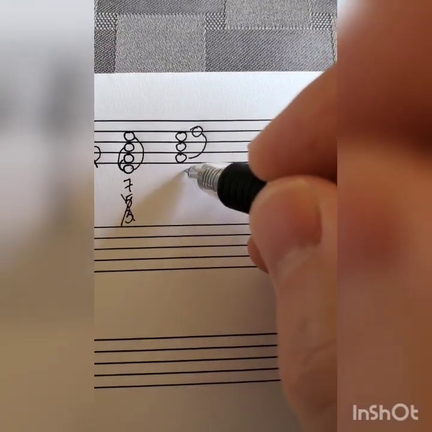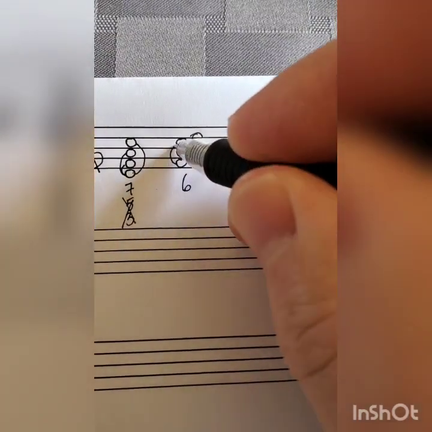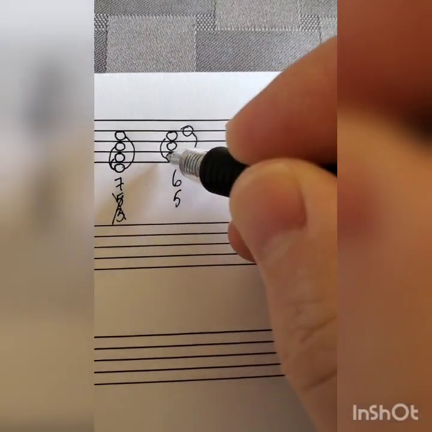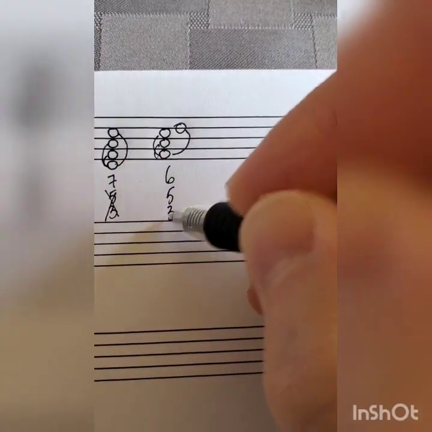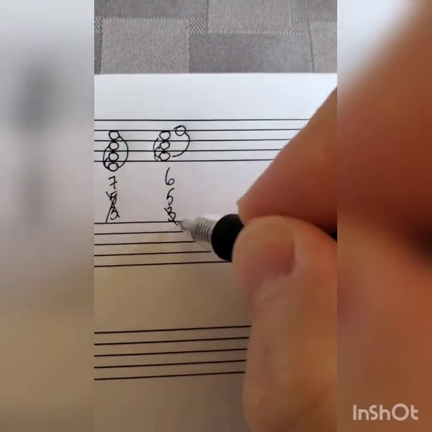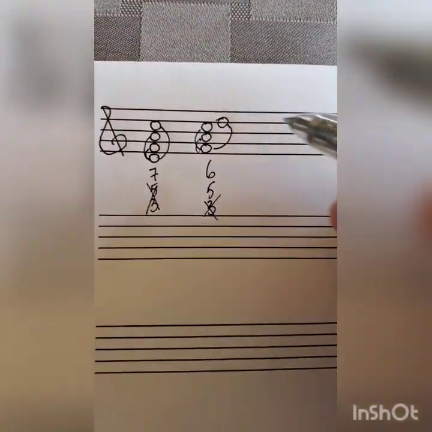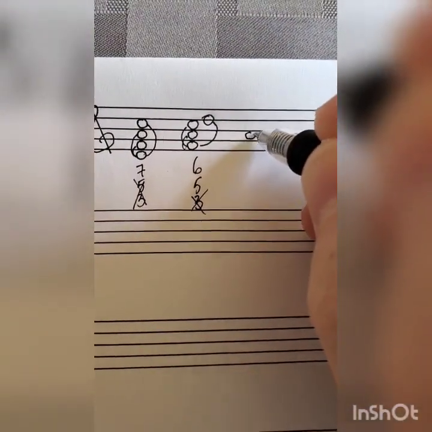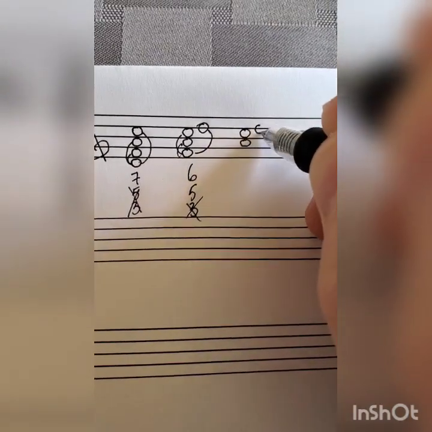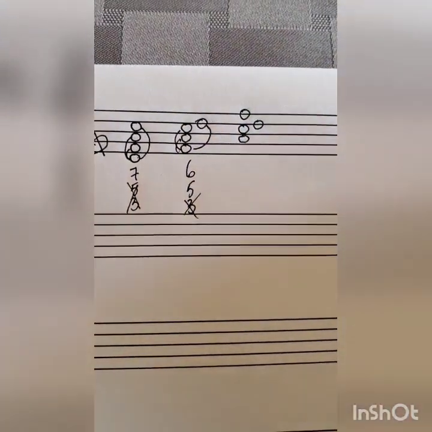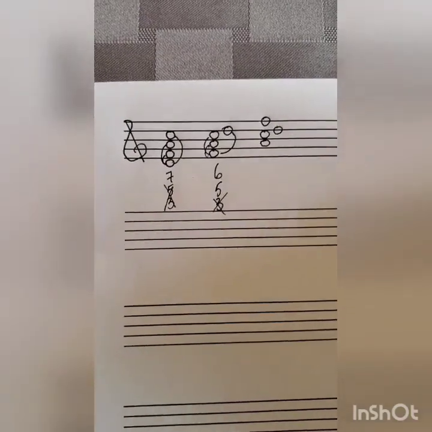From F to D is a 6, F to C is a 5, F to A is a third. The shorthand they use is 6-5. Okay, keep inverting. This time we're going to put the 5th in the bass. Still D, F, A, C, but this time we have the A in the bass.